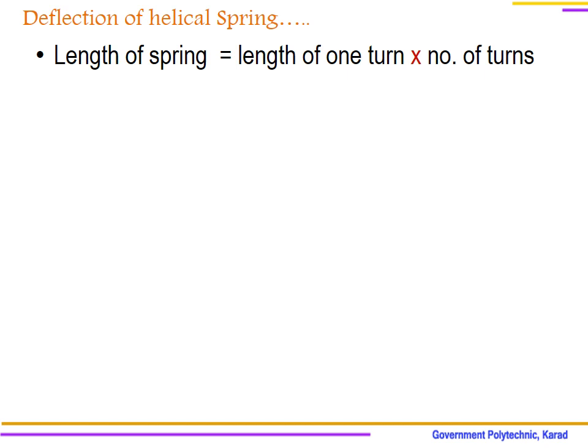One turn means it is in the form of a helix, so one complete revolution. So it is pi D. Length of one turn will be pi D, and the number of turns is represented by n. So the length of the spring can be given by this relation, pi D into n.